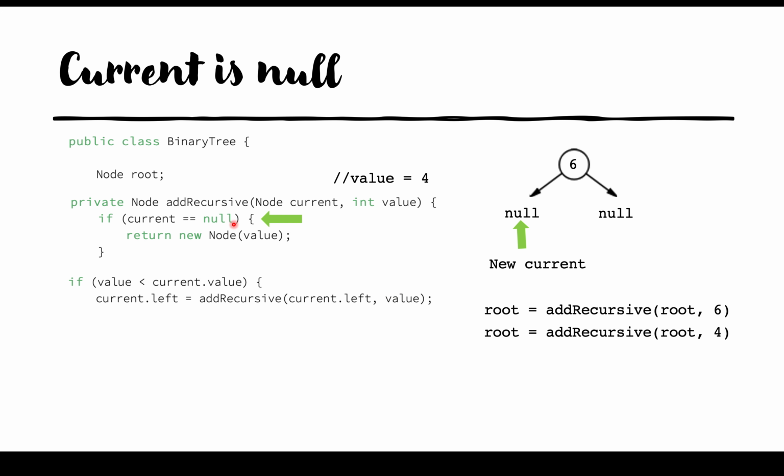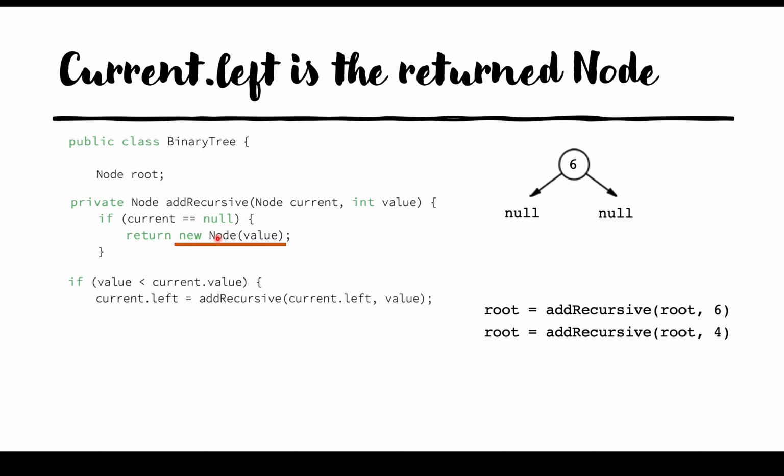So our new current is null. That's true. So we're going to return new node, new node 4. So now we have our node, and there's a 4 in it. And we're going to return that to whatever called it, our current dot left. And that just gets stored right there.